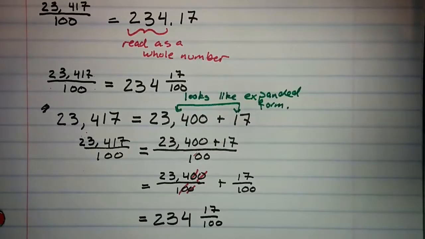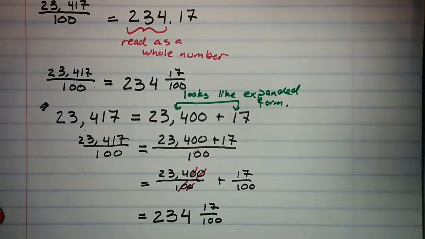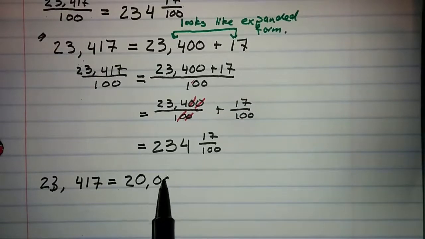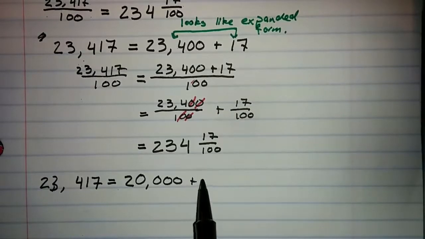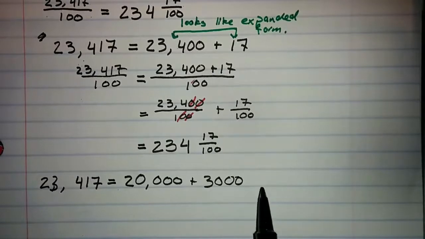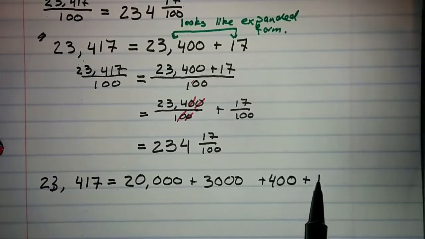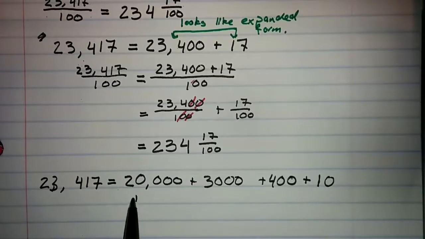Let's see what happens if we take this decimal fraction and write its numerator fully in expanded form. In expanded form, 23,417 is 20,000s plus 3,000s plus 400s plus 10 plus 7 ones.